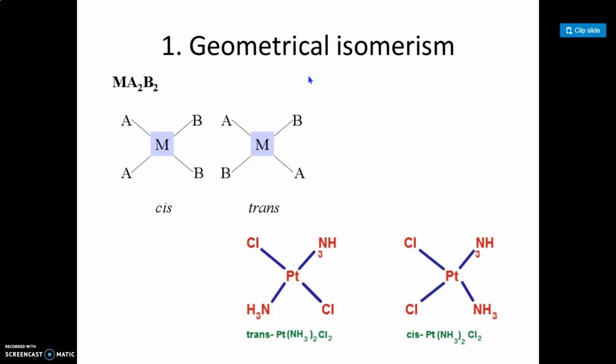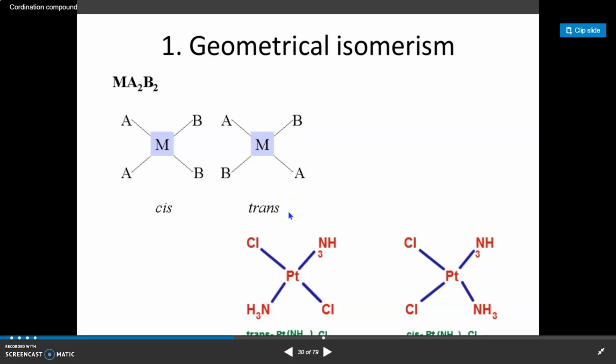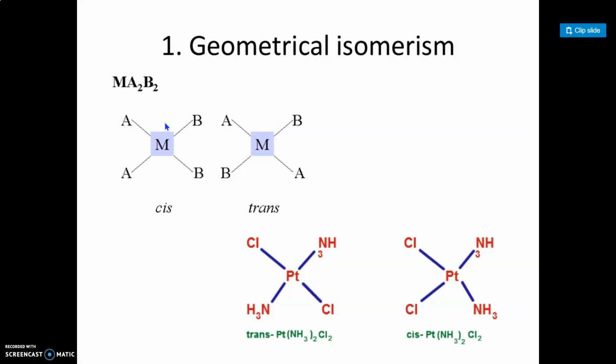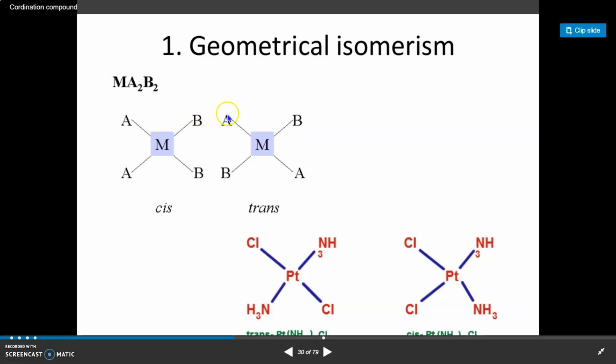If the same kind of ligands occupy positions adjacent to each other, it is called cis. For example, this B and this B, this A and this A are the same, so this type of arrangement is called cis configuration. If they are opposite to each other, for example this A is opposite to this A and this B is opposite to this B, then it is called trans configuration.